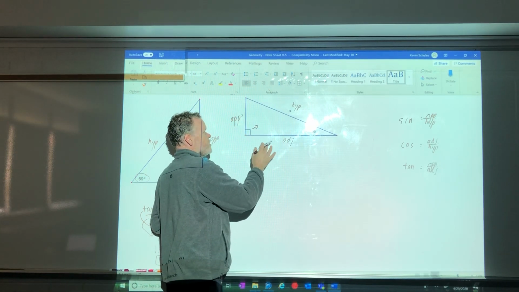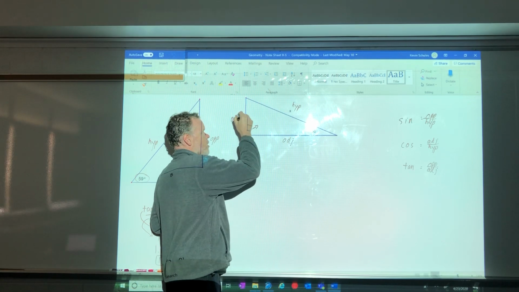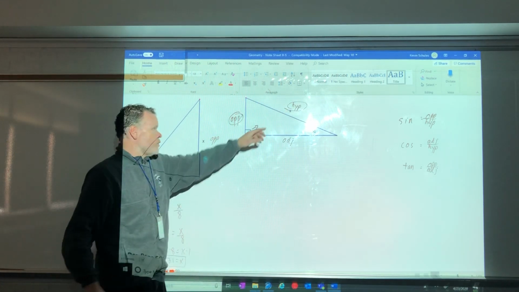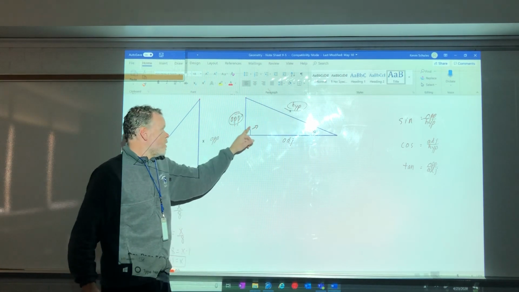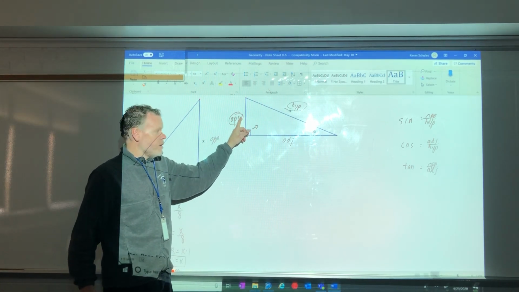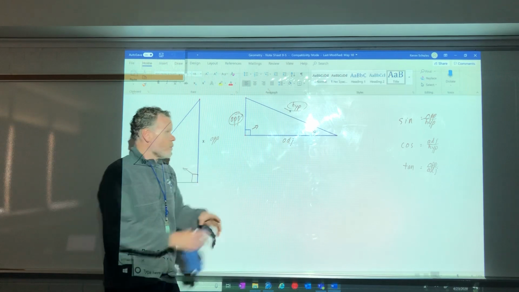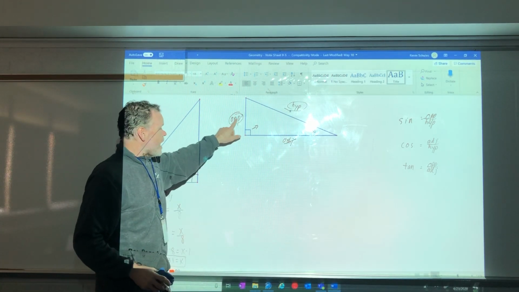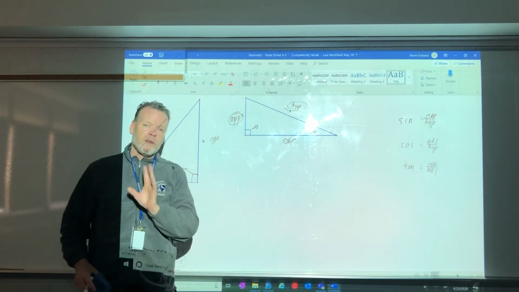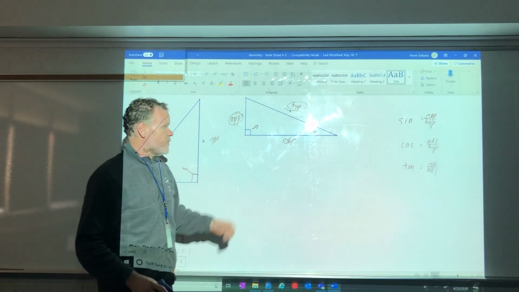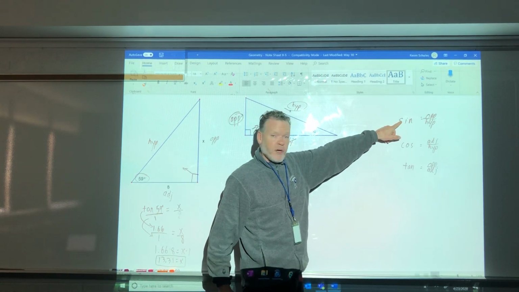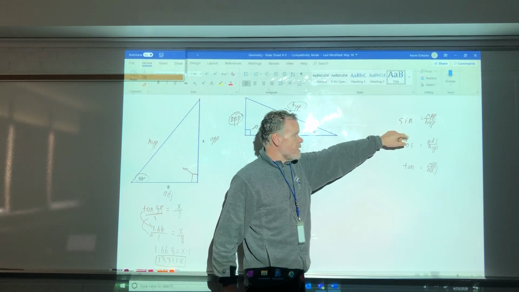We can clearly see the two sides we're going to deal with are our opposite and our hypotenuse, because they're the two sides that either have an x or a number, 7 here. Adjacent doesn't have anything, so on this one we're not going to use adjacent.